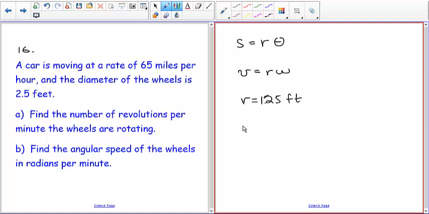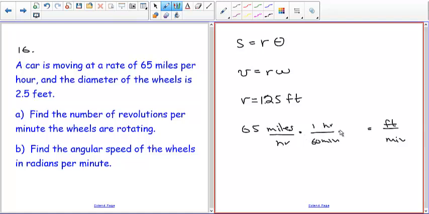And let's convert 65 miles per hour to feet per minute. So how many minutes per hour? There are 60 minutes per 1 hour. Now I'm doing the denominator first because I'm trying to cancel out the hours so I get minutes in the denominator. So that'll work. Now I have hours cancel out, I have minutes.